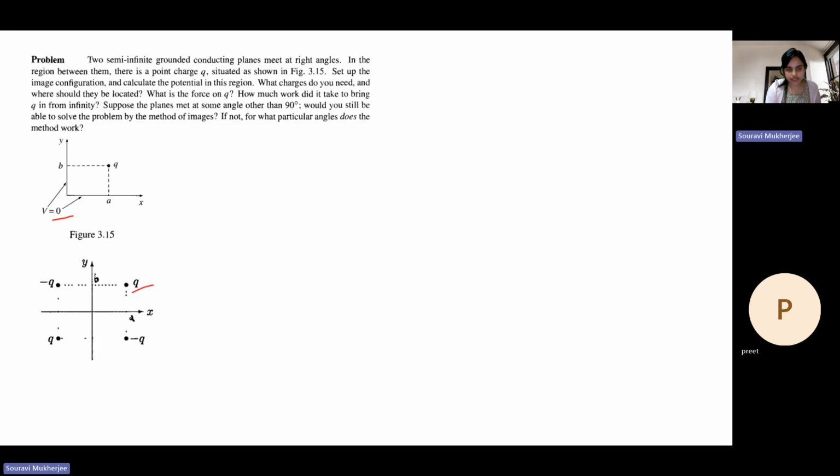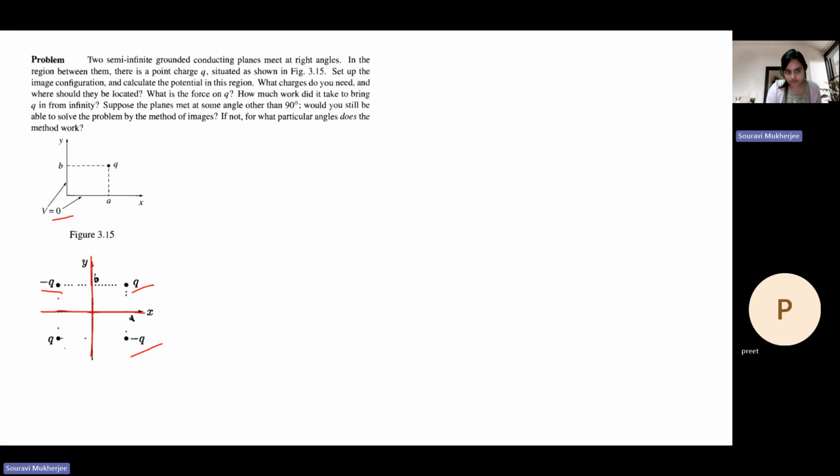So if this is your q charge, you bring in a minus q so that the potential along this line goes to 0, like this entire thing. Now, when you bring in the minus q here and you have a plus q here, you also want the potential here to be 0. Along y also it has to be 0, right? So for that, first of all, to balance this q, you have a minus q.